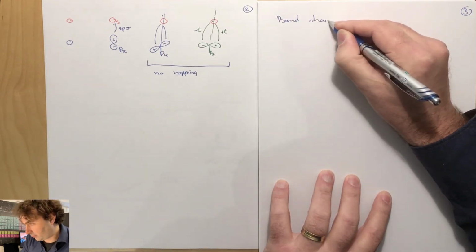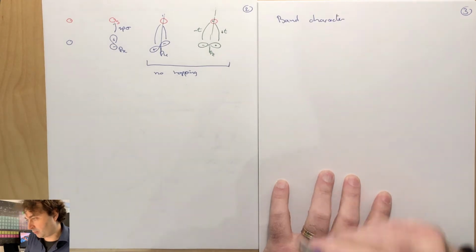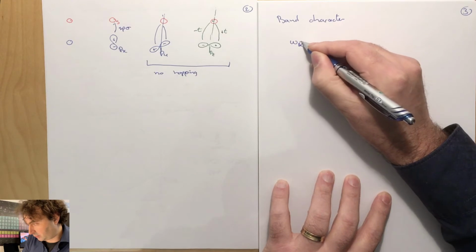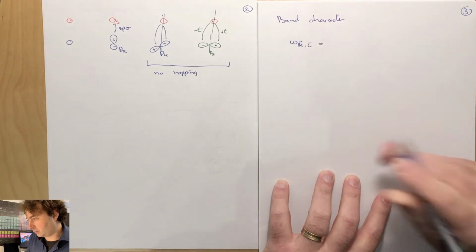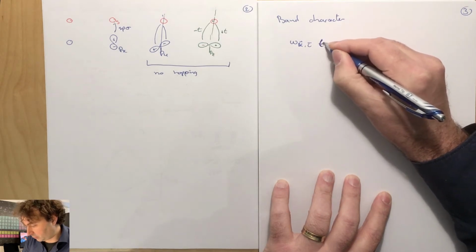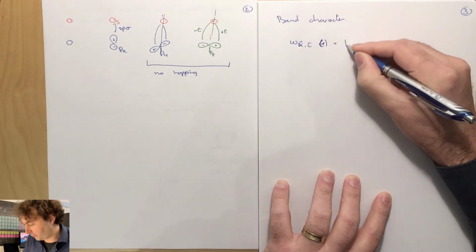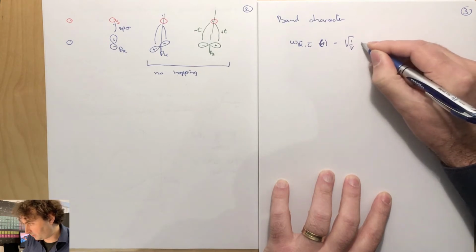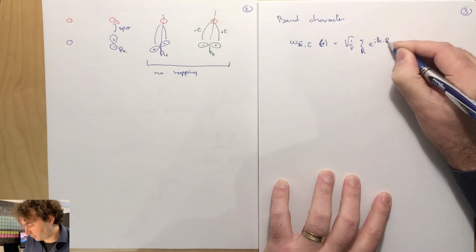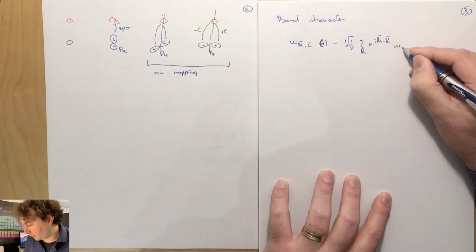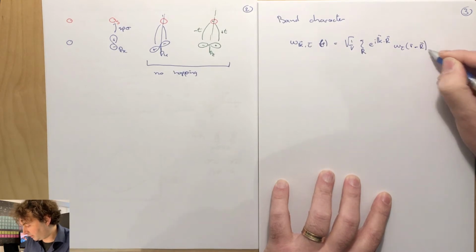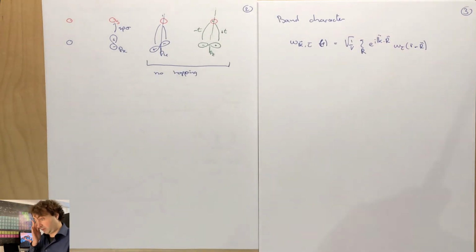So for the band character we have a set of Bloch waves that are built up out of local functions. And these local functions can be your atomic-like s, p and d orbitals.